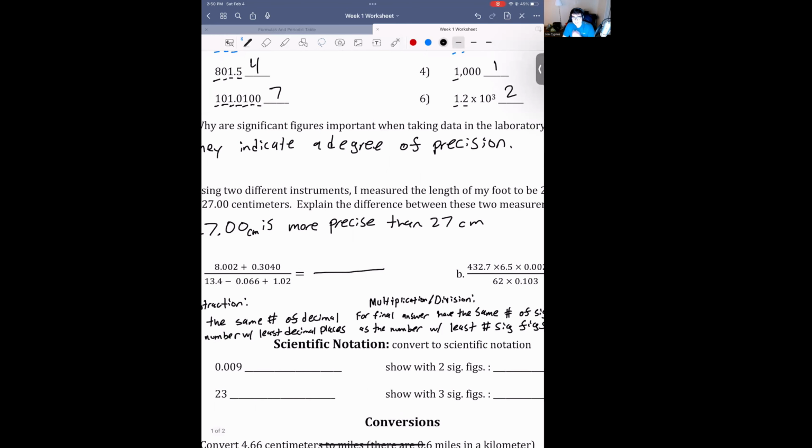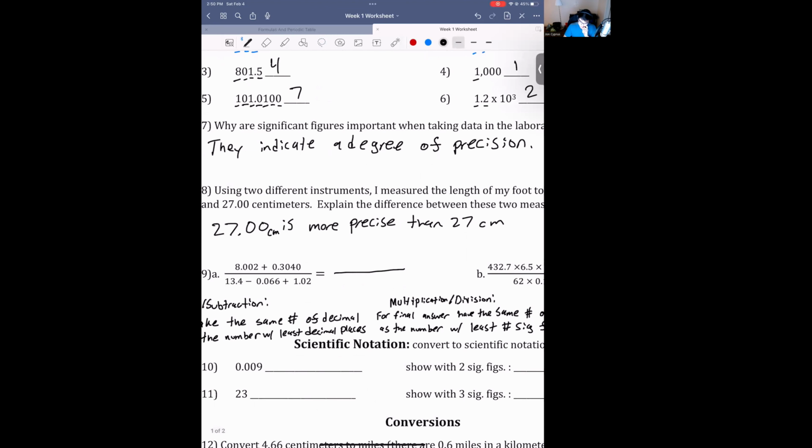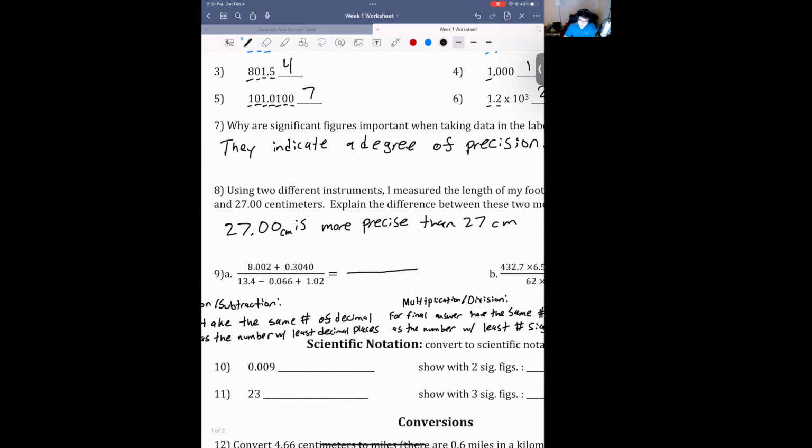All right, next, we have this problem. What you want to do is make sure you round at the end. You don't want to round in the beginning because you can get calculator error. So essentially, the end result, we're going to be using multiplication and division.